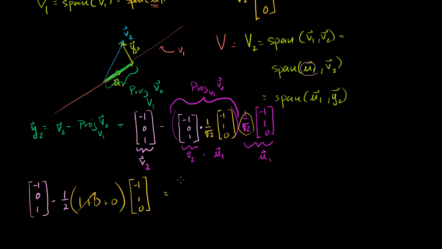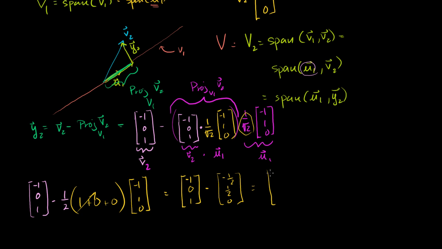So this is going to be equal to the vector minus 1, 0, 1 minus 1/2 times this, or we could just write, 1/2 times minus 1 is minus 1/2. We have 1/2, and then we have 0. And so this is going to be equal to minus 1 minus minus 1/2.